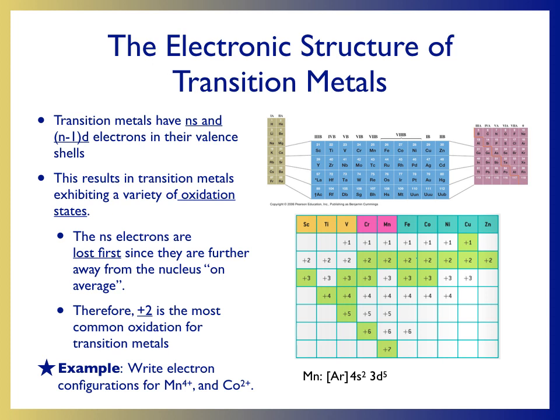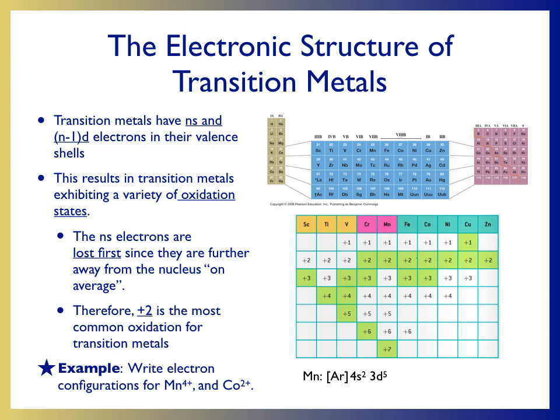Remember that electrons fill the n-1 d subshell, where n is the row number. Since manganese is in the fourth row, this means that we're filling a 3d subshell. We need to count 5 elements in to get to manganese. This gives us 3d5. Therefore, the complete electron configuration for manganese is argon 4s2 and 3d5.